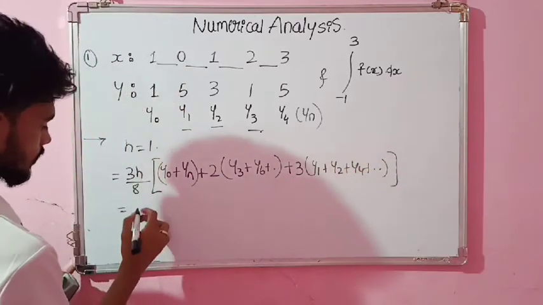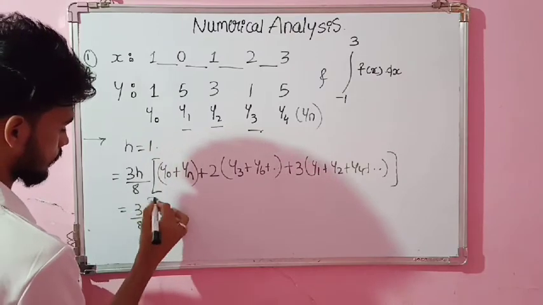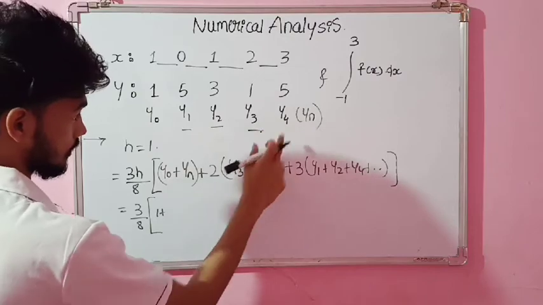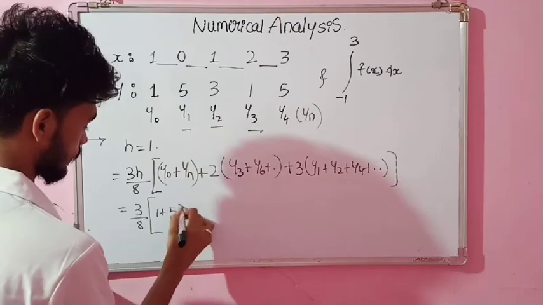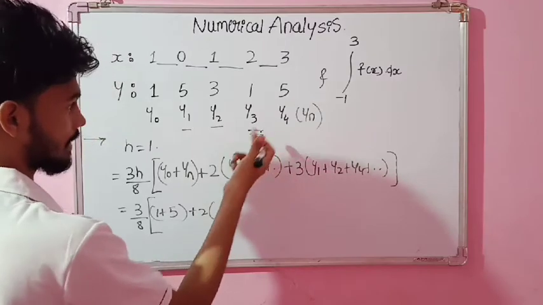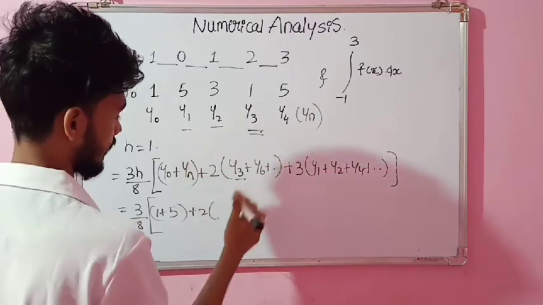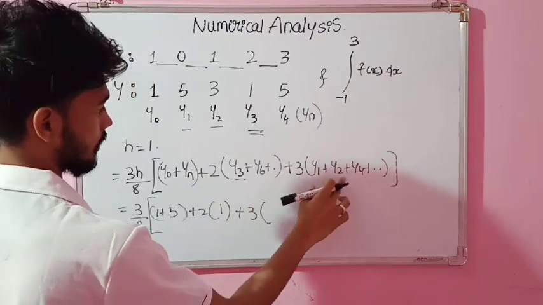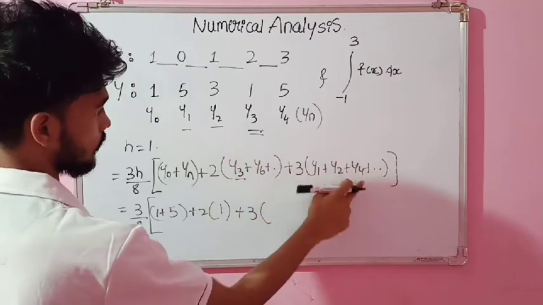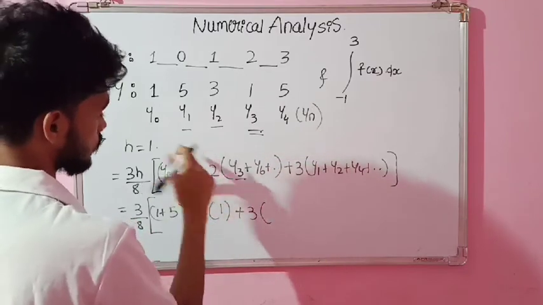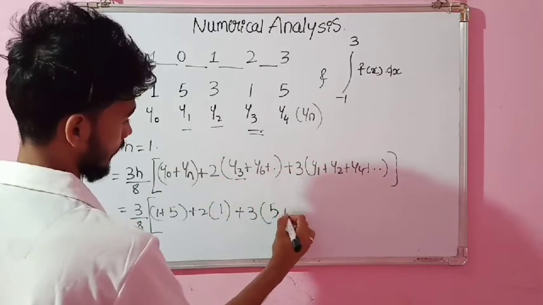The value of h is 1, so 3 by 8. The y0 value is 1, plus the yn value, the last term, is 5, plus 2 times y3. Only y3 is available here, and its value is 1. Next, plus 3 times y1 plus y2. y4 is not available because it's the last term, so you neglect it. The y1 value is 5, the y2 value is 3.